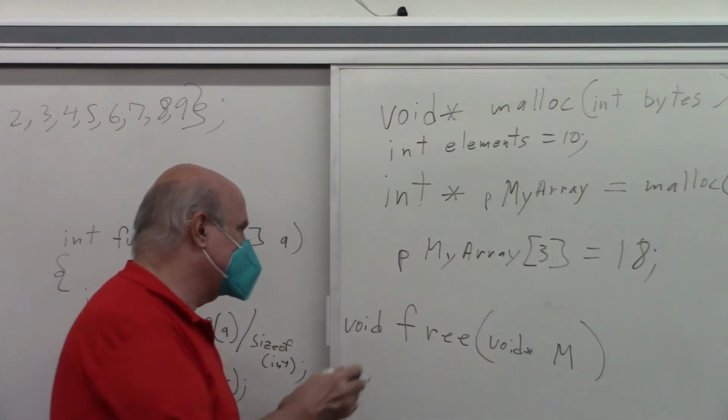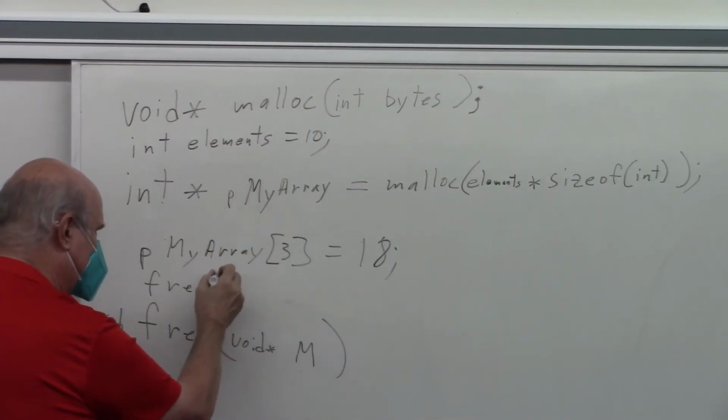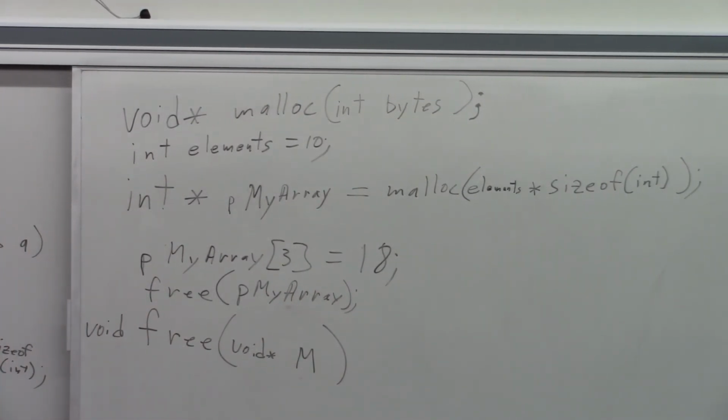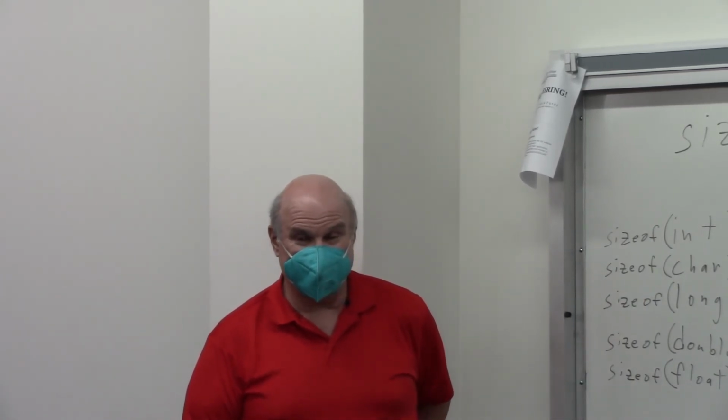So in our case, after we did whatever we were doing, we would simply call free and pass it the pointer that we previously allocated. And then you have given that memory back to the system. Now that doesn't mean you cannot commit errors and continue to use that pointer, because you can, syntactically.